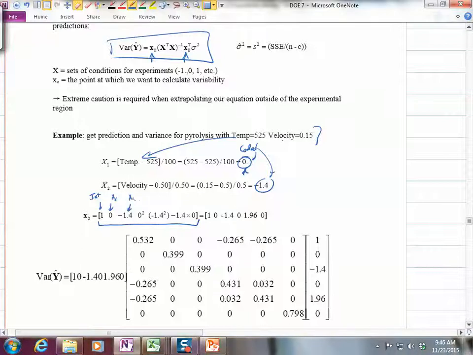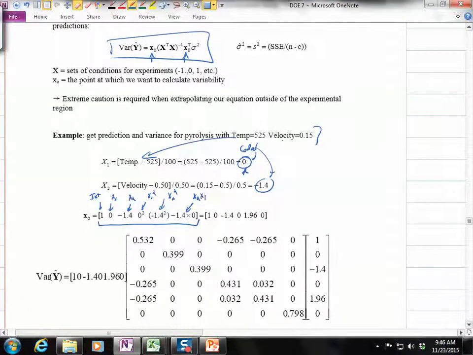There's x2. There's the x1 squared term. There's the x2 squared term. And there's the x1, x2, but it's written as x2, x1 interaction. You do that, simple math, and you've got your x naught vector.